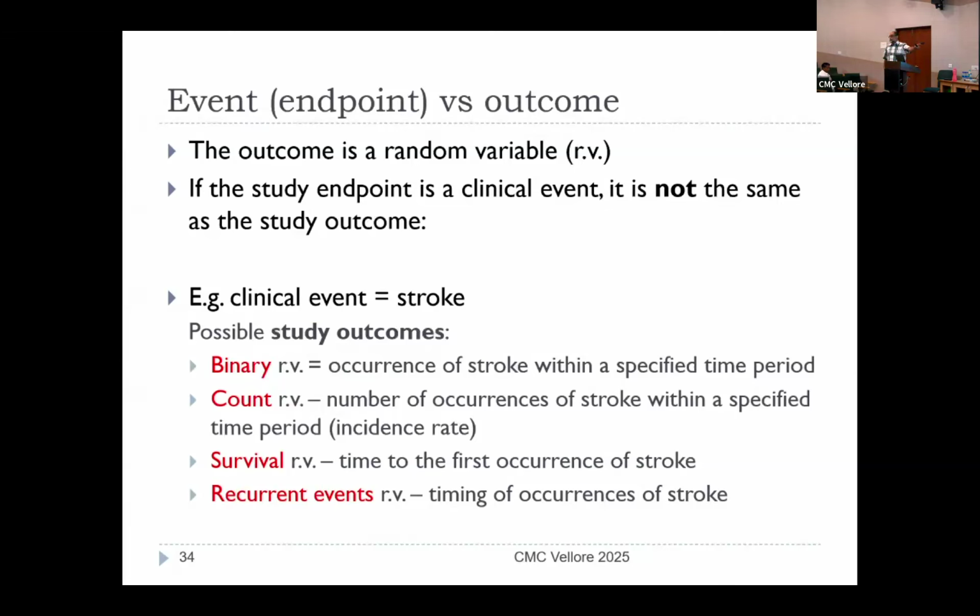If we're doing survival, you will be doing hazard rate ratios that Professor Jayasilan mentioned. If we're doing recurrent events, now we're doing the counts and doing the incidence rate ratios. So depending on which outcome variable you use is the type of metric that we will use and the way we will judge the efficacy of the intervention.